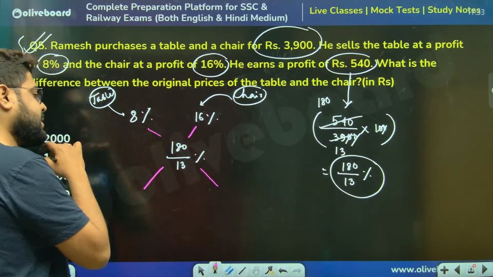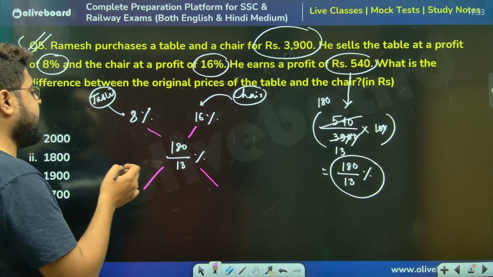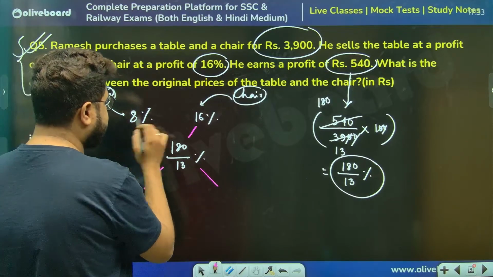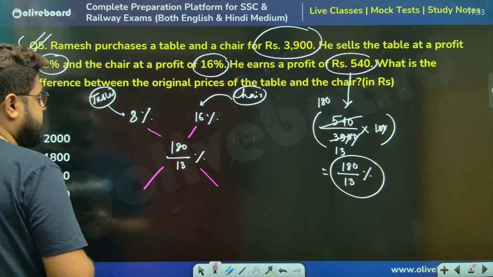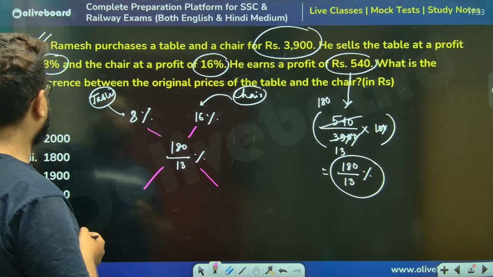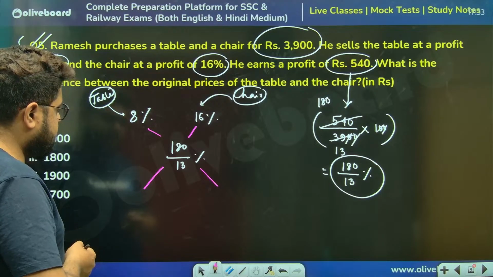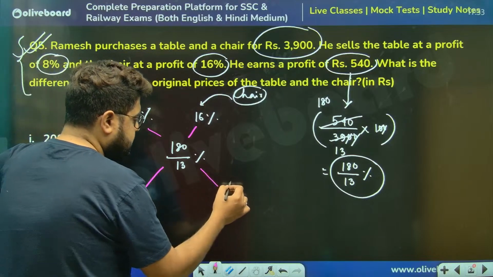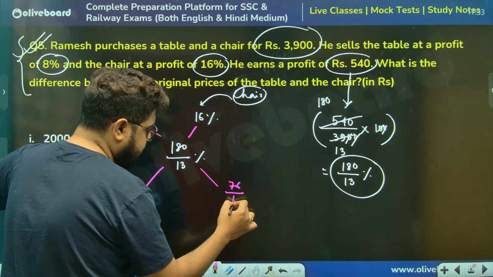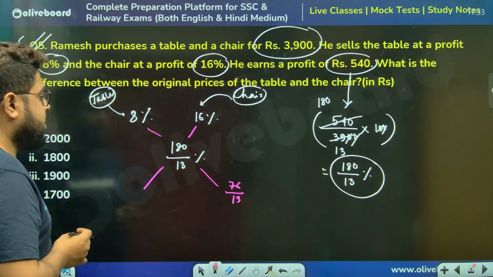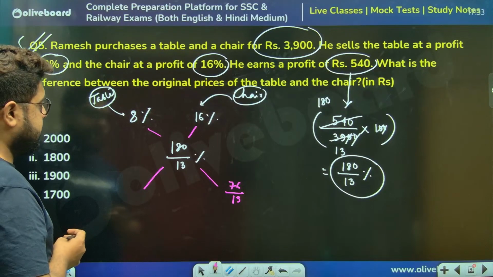So this is how much? 180 into 13, this is the difference, so 13 into 8. 13 into 8 comes to 104, and this is 76 by 13, I'm getting. Right, sir.